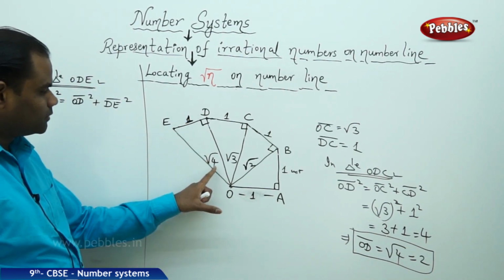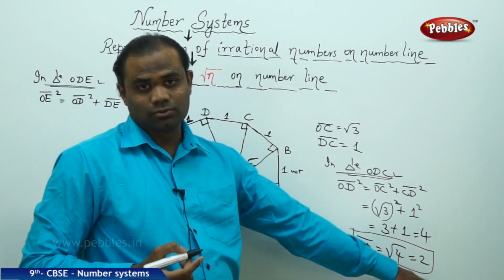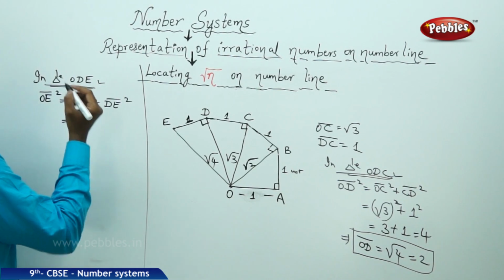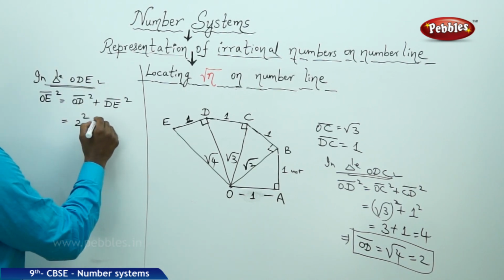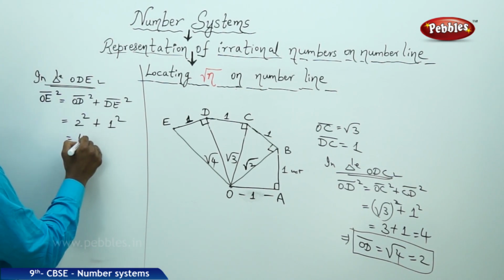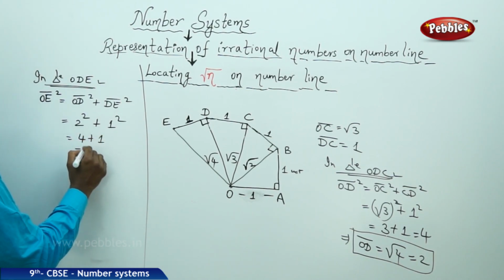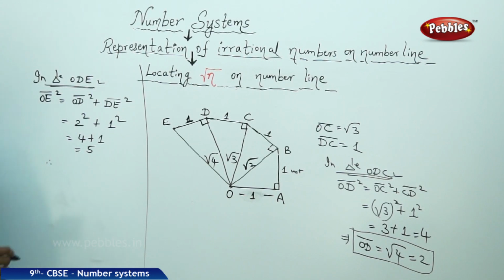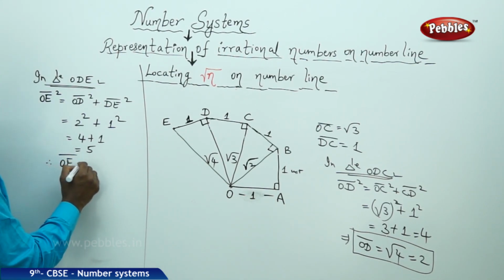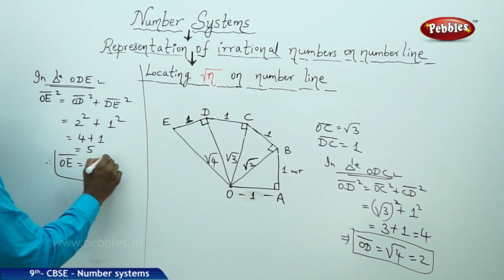Now I have my OD which is calculated as root 4 or 2. So OD, which is root 4 or 2, square, plus DE, which is 1, square, gives me 4 plus 1, which is 5. Therefore, OE square is 5, which implies my length OE is root 5.